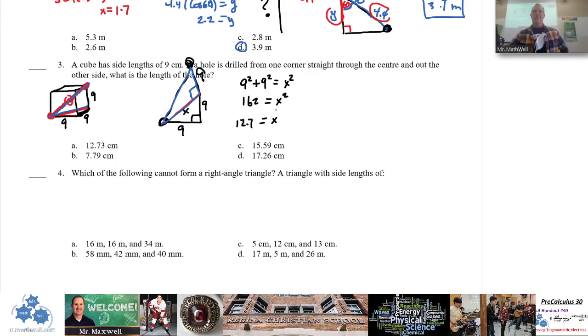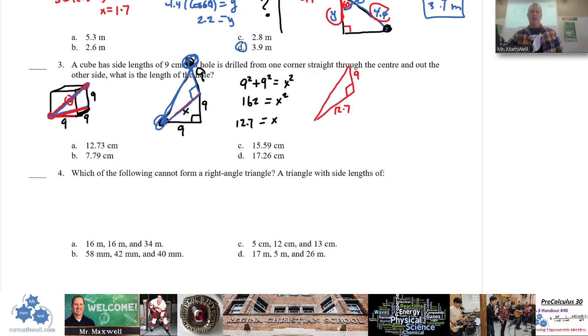All right, so we're not quite done there yet, because we're actually looking for this one, that side. So we have to do another triangle here. We have to do this triangle where we have 12.7 and then up 9. Then I've got to find this hypotenuse.